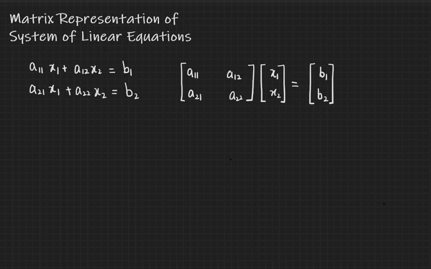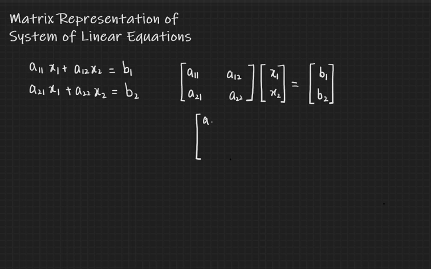When we simplify this matrix equation, we will get this system of linear equations. Let's verify it. Let's multiply these two matrices. This is a 2 by 2 matrix. This one is a 2 by 1 matrix. So when we multiply them together, we will get a 2 by 1 column matrix whose first entry would be the multiplication of the first row with the first column.